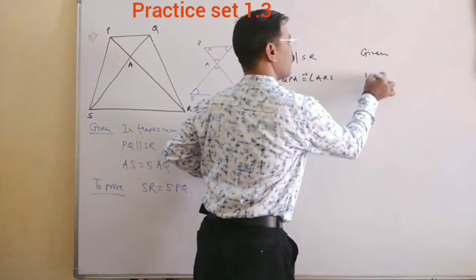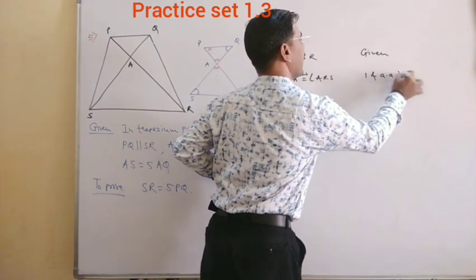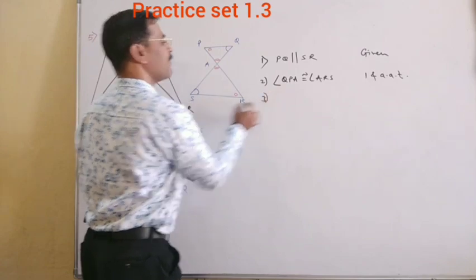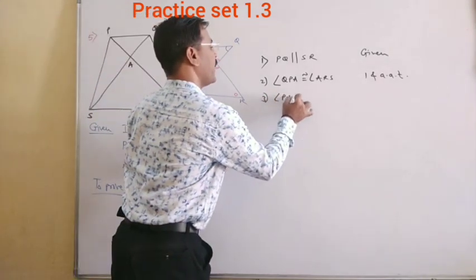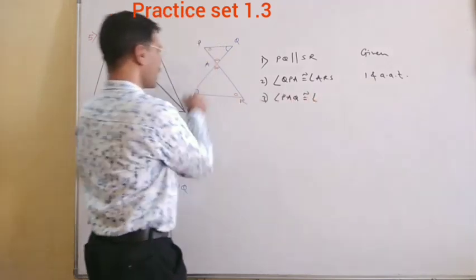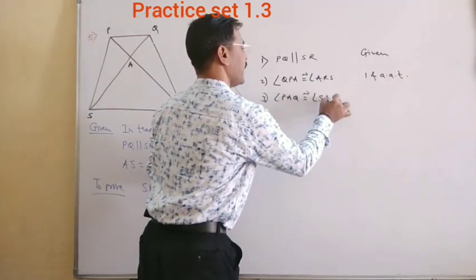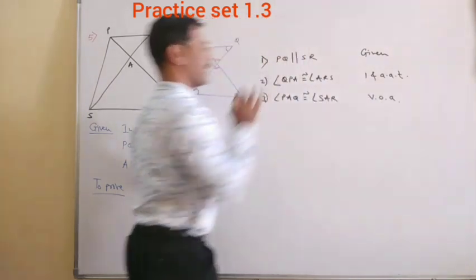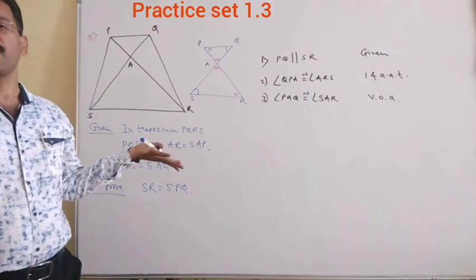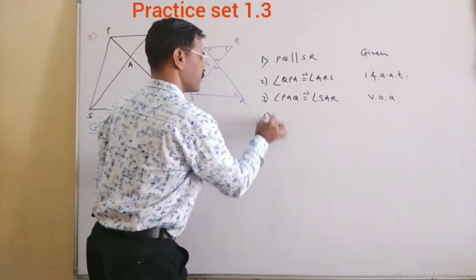This is by the alternate angle test. One more angle I'll take, the vertically opposite angle. Angle PAQ congruent to angle SAR. This is by vertically opposite angles. Finished. Now these two triangles become similar.